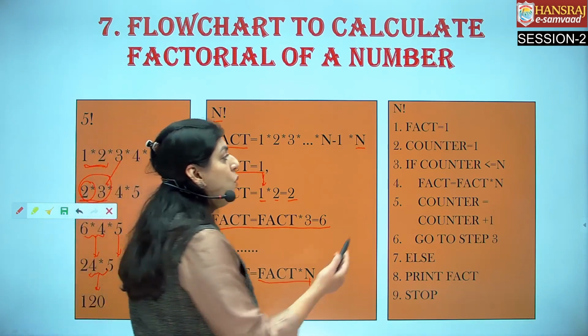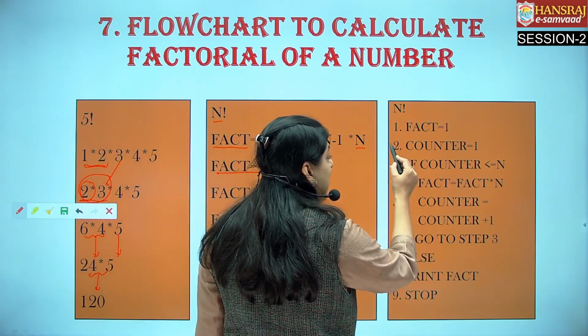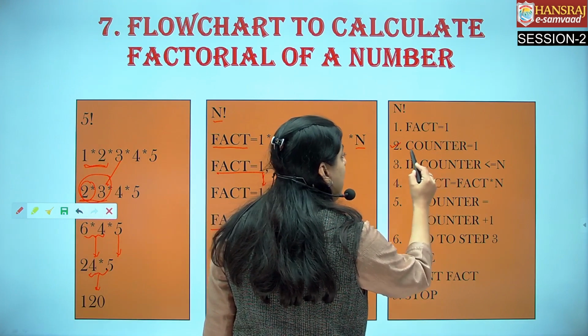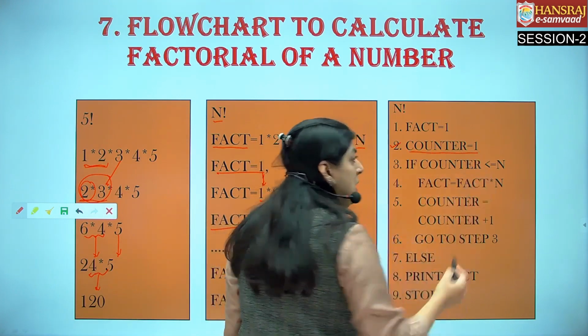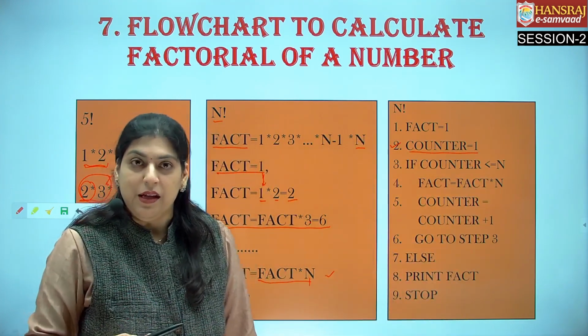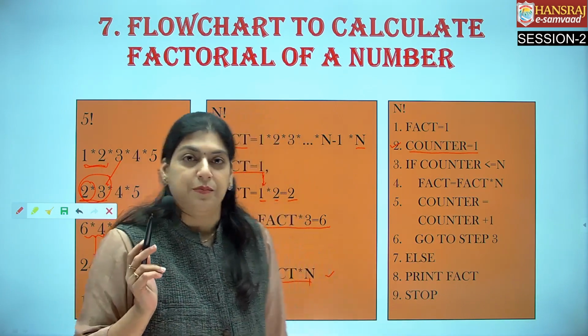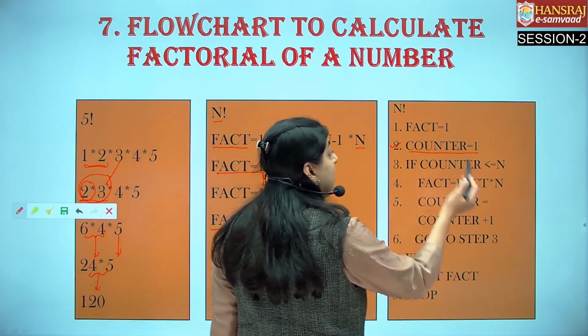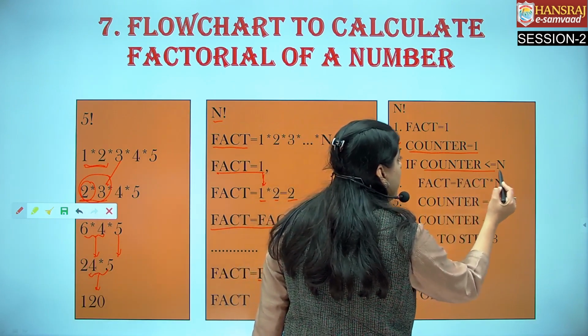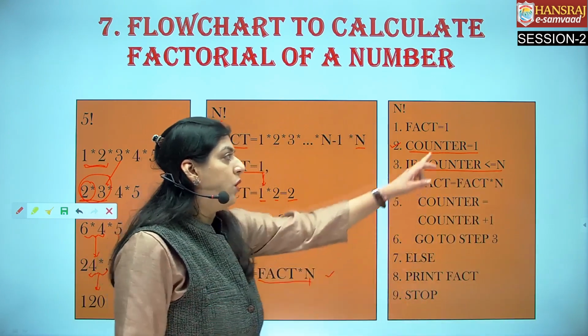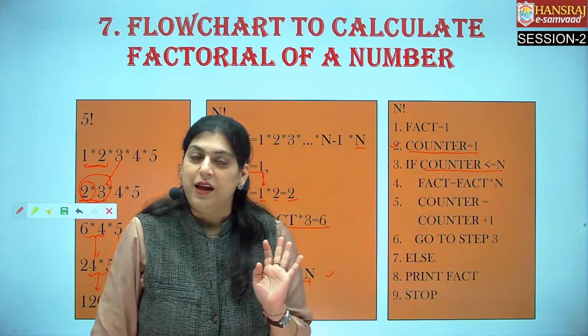So we are initializing this counter as 1. One counter means one variable that will keep track of how many times I have performed a multiplication, right? So the condition I have imposed is till this counter is less than or equal to n.